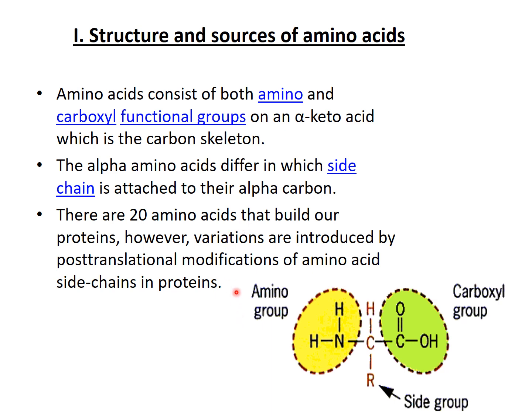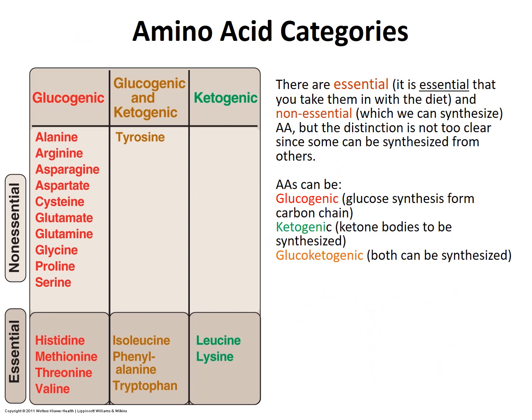However, we have a much greater variety of amino acids built into our proteins, because when the nascent protein is coming off the ribosome, post-translational modifications can be made right away. So the variety of amino acids in our proteins is not just these 20, but also the modified versions.